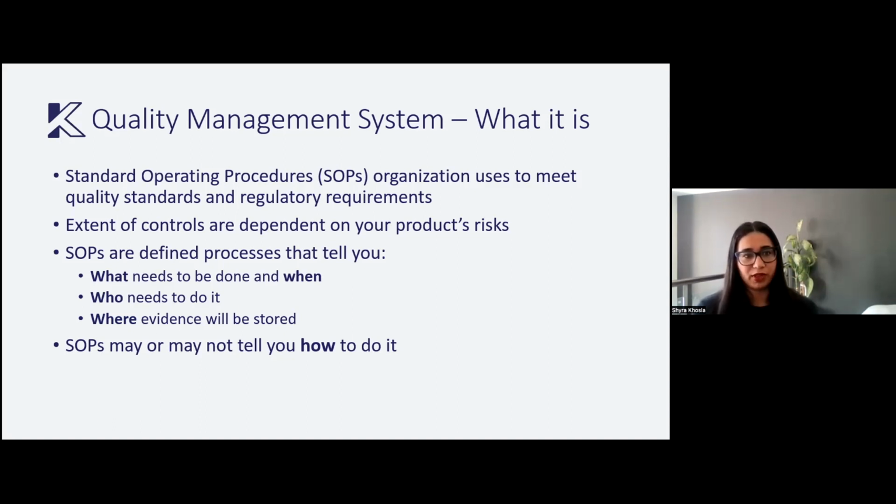So you'll end up having a set of SOPs that are defined processes, and they'll tell you what needs to be done and when. They'll tell you who needs to do it, and where evidence of completion needs to be stored. That's the key requirements of an SOP. They may or may not tell you how to go about doing it.